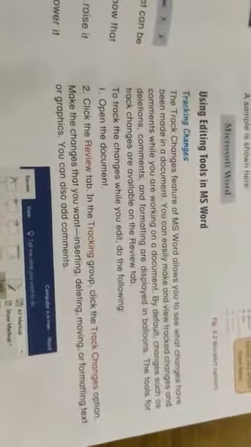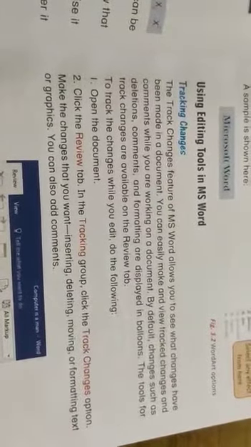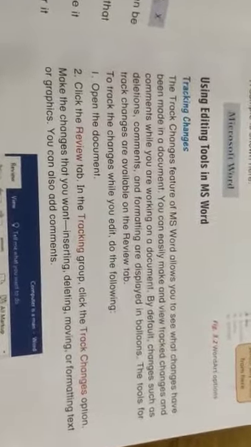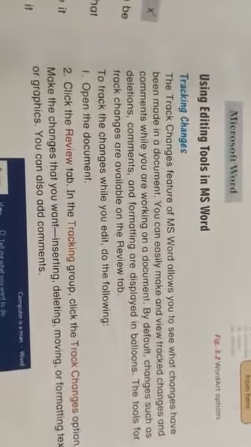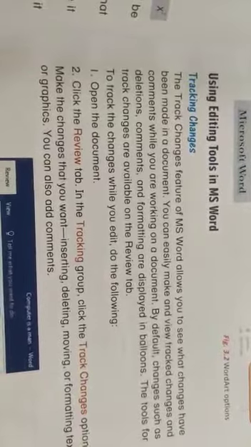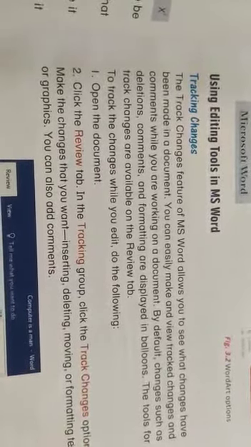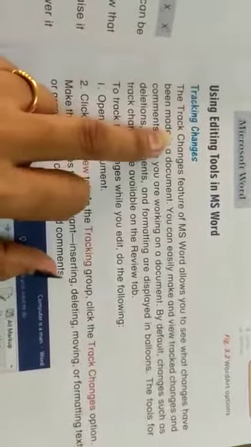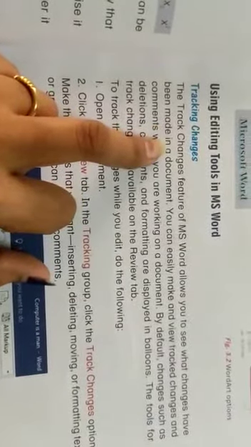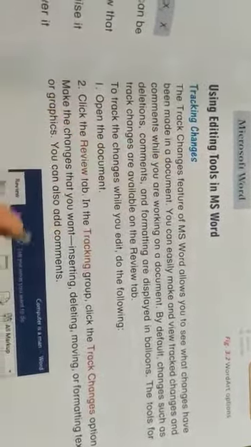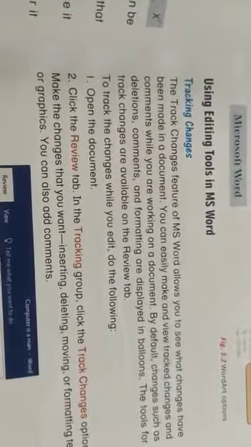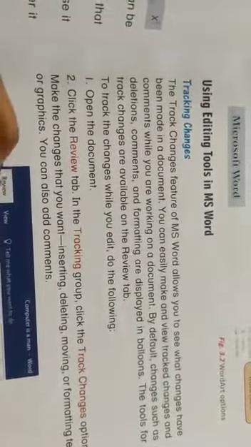Now we will be starting with using editing tools in MS Word. The Track Changes feature of MS Word allows you to see what changes have been made in a document. Track Changes is what? You can track how many changes you have made in a particular document. You can easily view tracked changes and comments while you are working on a document.